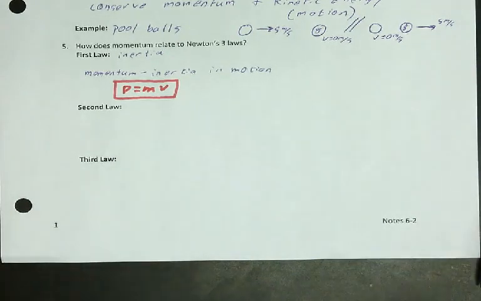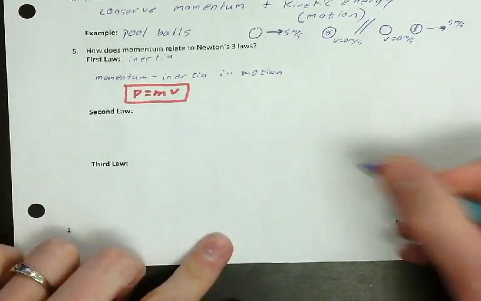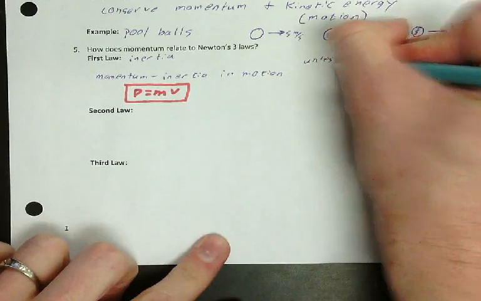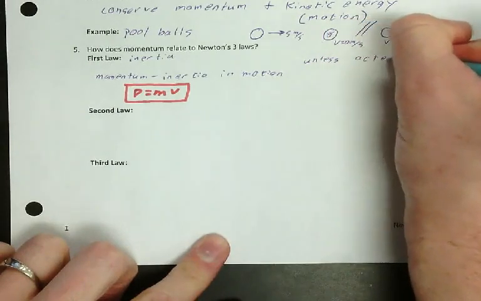There's not a good way to do that without momentum. So this is a way to calculate that and put that all in one place. But one thing to mention is it's inertia in motion unless acted on by an outside force.